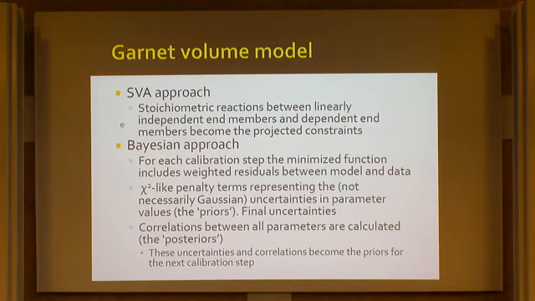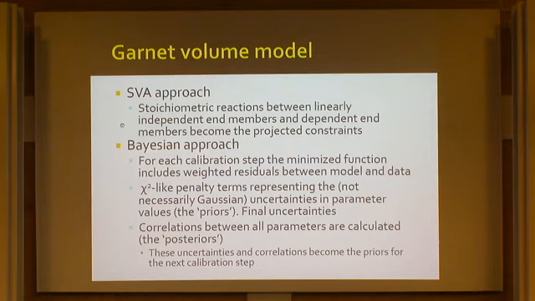Okay, so there's a couple of ways that we can approach this. One is to use essentially the same trick as I was talking about before, where you project the constraints and minimize, varying those parameters that fit both the independent end member data and the dependent end member data.